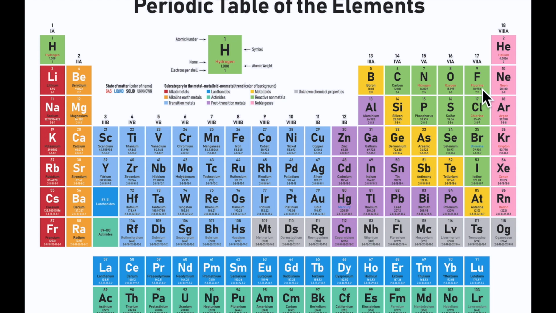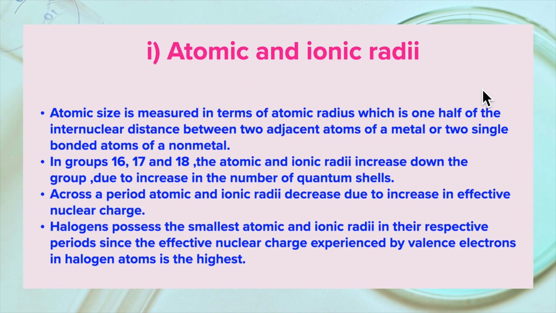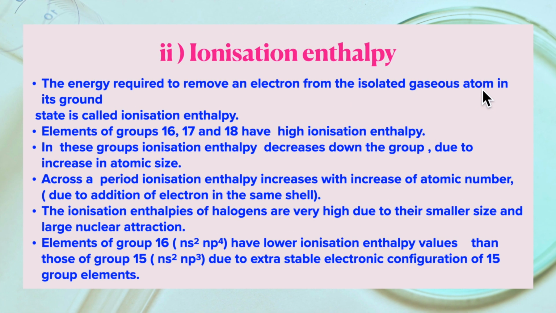Now the second property is ionization enthalpy. What is ionization enthalpy? It is the energy required to remove an electron from an isolated gaseous atom in its ground state.